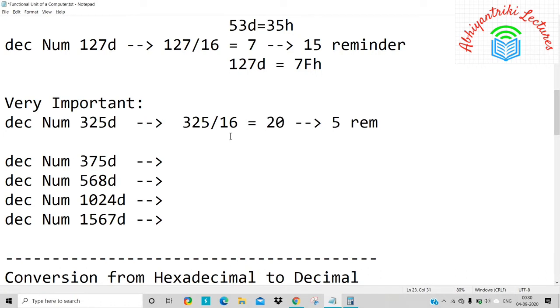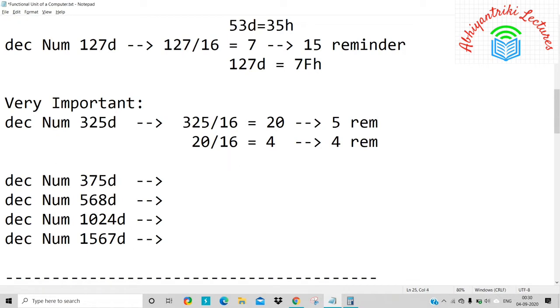So 20 divided by 16 is 1, and the remainder is 4. So the answer is 4, 5, with 1 in front.